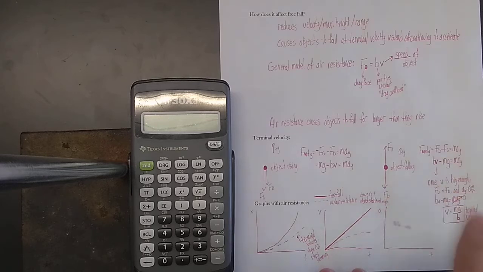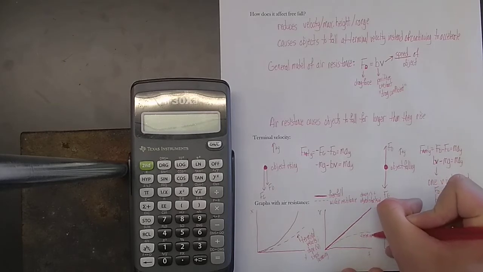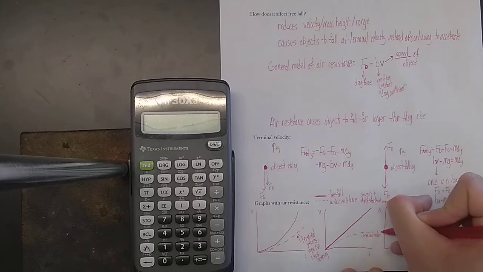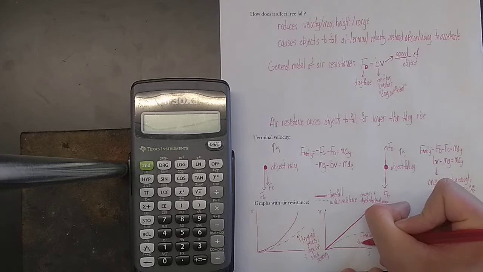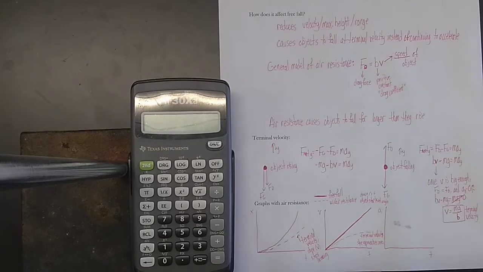So eventually the velocity just becomes constant. The slope approaches 0. Notice it doesn't mean that the velocity is 0. Terminal velocity cannot be 0. Terminal velocity means the object is moving, but the slope is approaching 0. In other words, the change in velocity over time approaches zero because the velocity is constant.